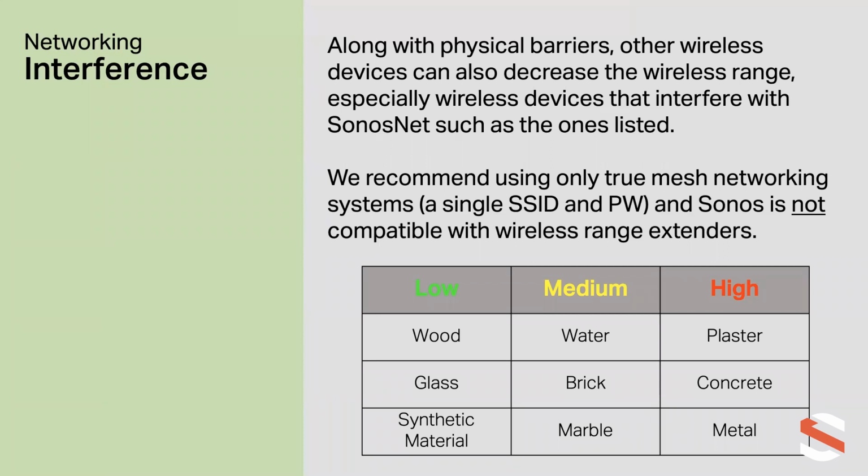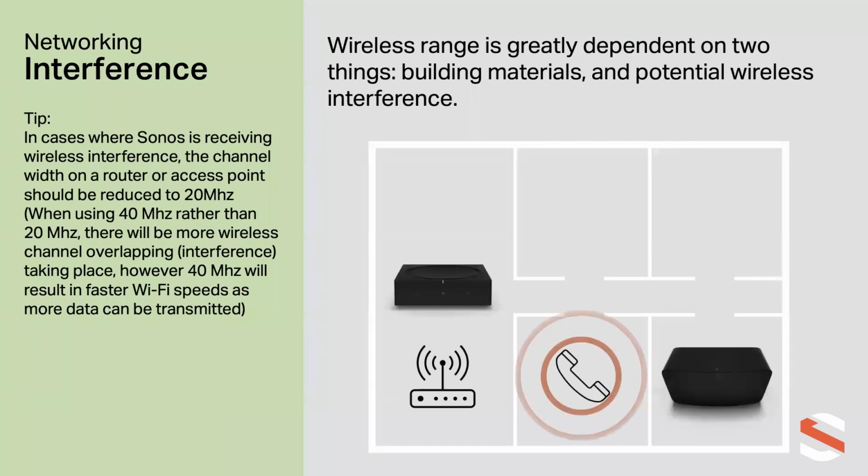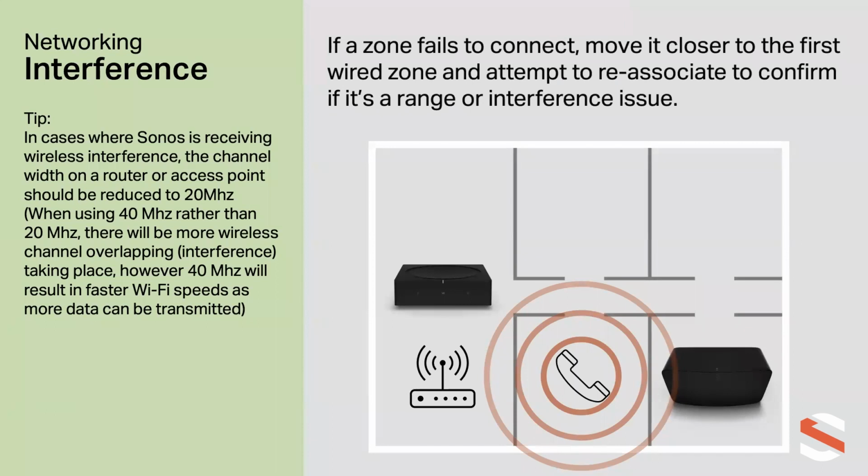Only true mesh networking with a single SSID and password when it comes to any sort of, quote unquote, range extending. Now, if you do run into interference, one of the first things we recommend for troubleshooting is placing the player in a different space. Let's say you could place it in the other corner of the room.